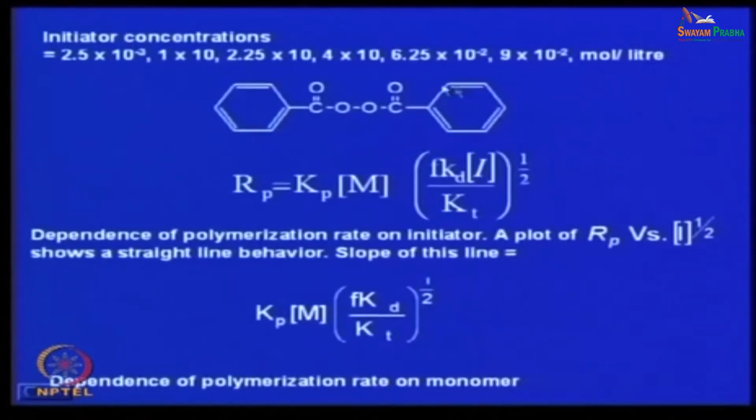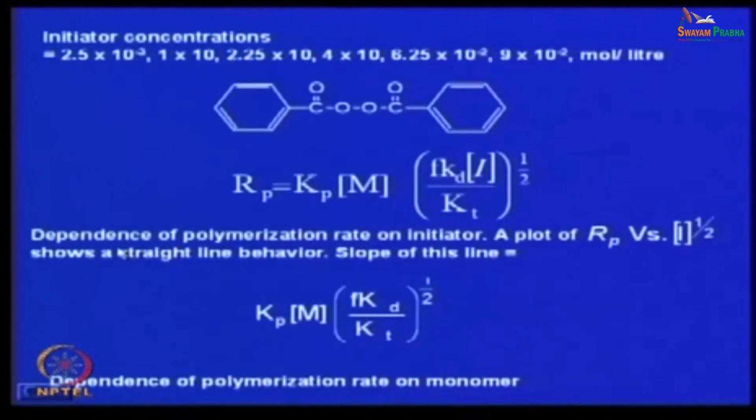This is benzoyl peroxide, it breaks over here, and ultimately carbon dioxide is released and some phenyl radical is produced. Both this radical as well as this phenyl radical initiate the polymerization, and this is the overall rate of polymerization.